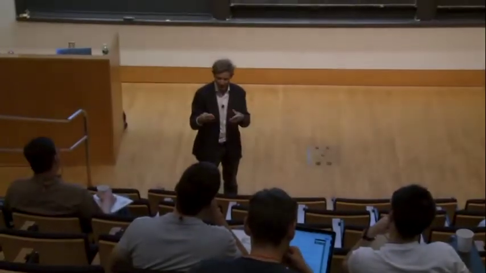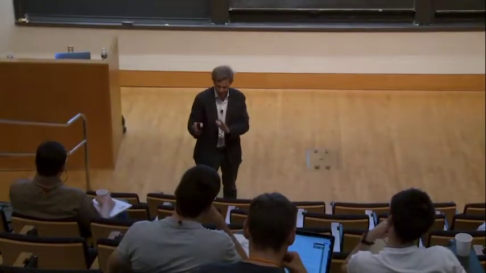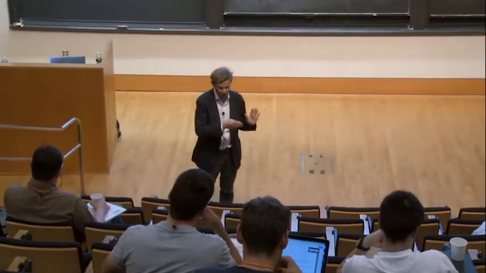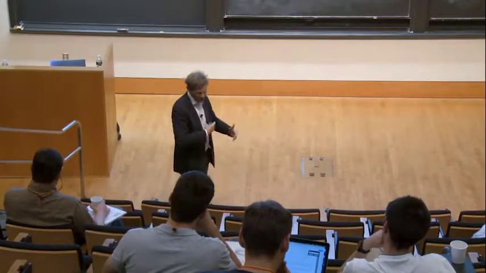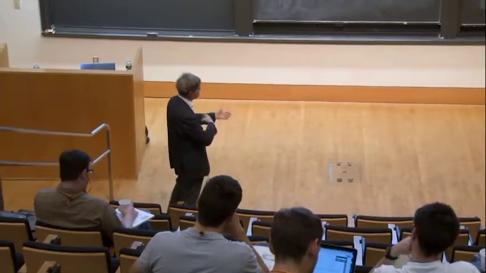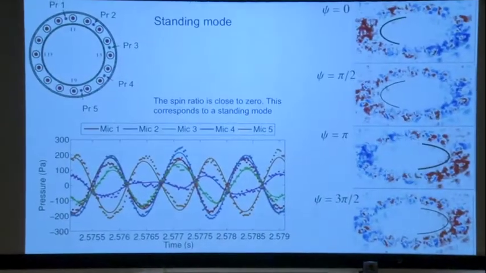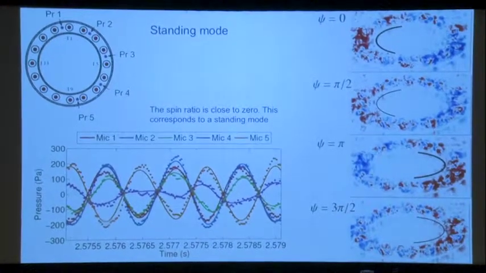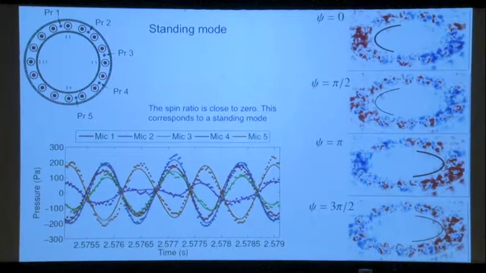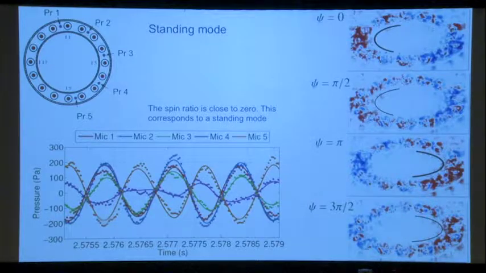We've been able later on to get purely standing, purely spinning, but at the beginning we got something which was continuously shifting from standing to spinning. If it's standing, you have red around here, blue around there, then this is neutral, and then you have blue here, red here. So this is positive heat release, negative heat release rate, and then we have essentially neutral.